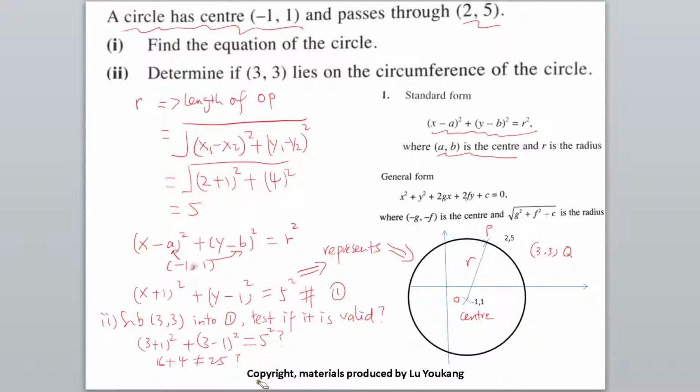So this shows that the point (3, 3) does not lie on the circumference of the circle. So this is how you test if a point lies on the circumference of the circle. It's a new concept again, but it is not hard. I hope you are clear about how to prove if a point lies on the circumference of the circle, given the equation of the circle.